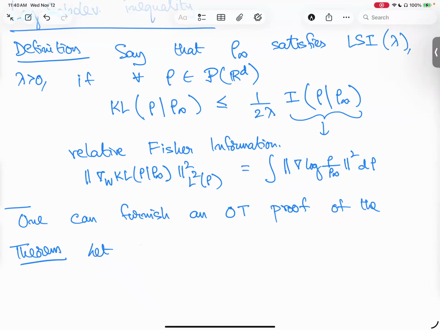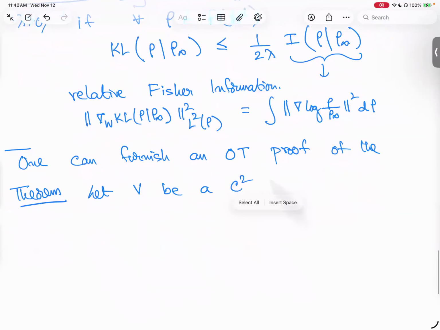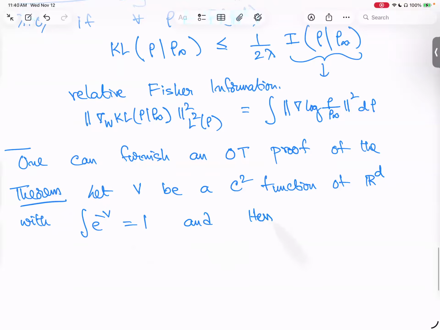Let V be a C2 function, so a twice continuously differentiable function, on RD with the integral of e to the power minus V equal to 1, and the Hessian of V greater than or equal to lambda times identity, for some lambda positive.